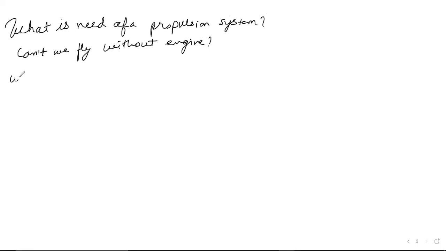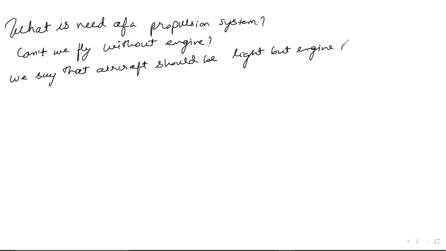Third question is, we say that aircraft should be light, but the engine is heavy, and so is fuel. So how do we balance it? Is it really necessary to take up the propulsion system?